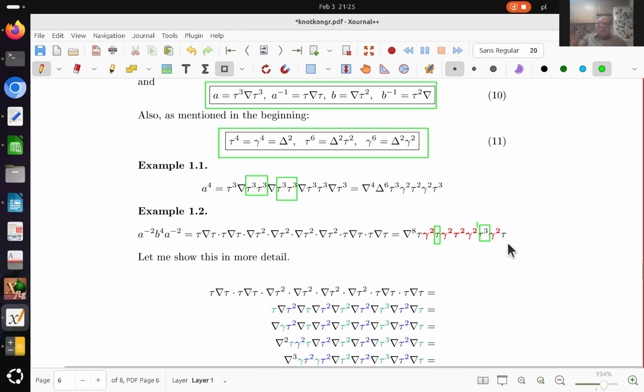But that's the only exception. You may have tau to the odd power at the end, or you may have tau to the odd power at the beginning. Otherwise, they only appear as marking the boundary between A and B letters.